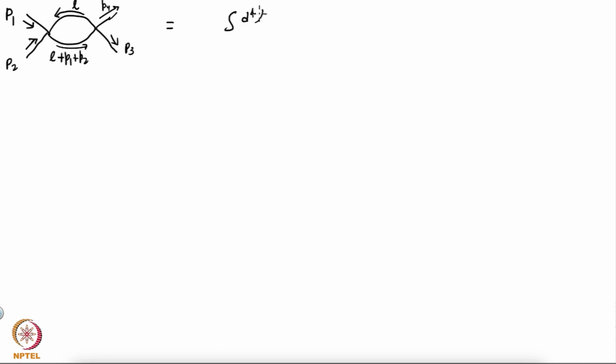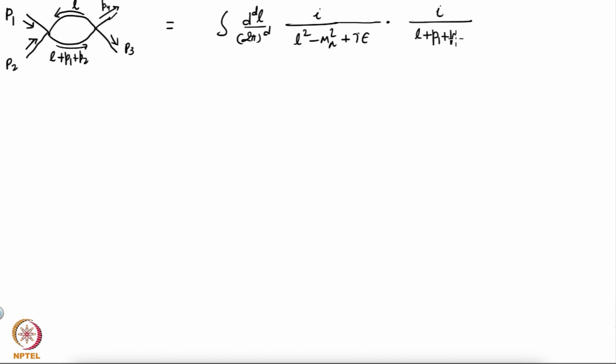So d^dL over (2 pi)^d, sorry, not d4, i over L square minus m_r square plus i epsilon, times i over (L plus P1 plus P2) whole square minus m_r square plus i epsilon.